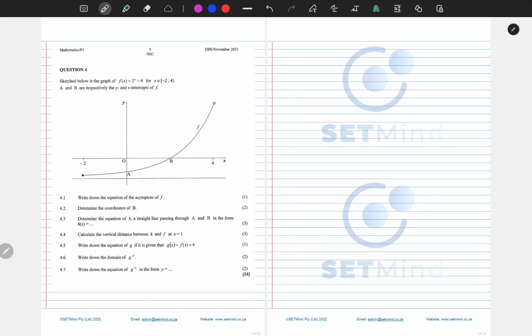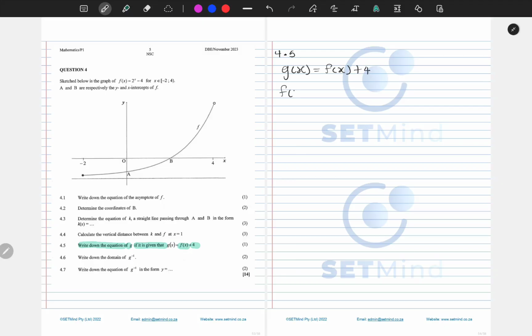Right. So let us now go and jump to the next question, of which it is 4.5. And 4.5 reads, write down the equation of g if it is given by f of x plus 4. So we're looking at 4.5, and they're telling us that g of x is the same as f of x plus 4.